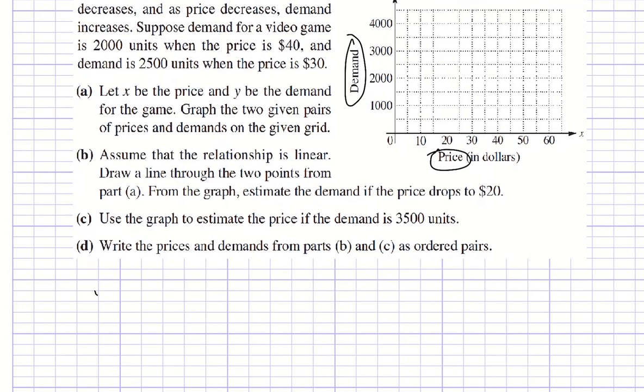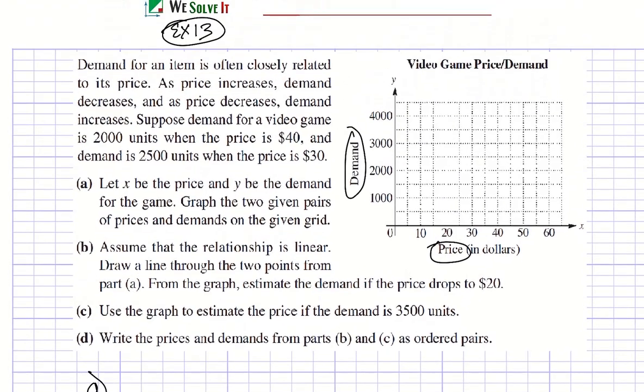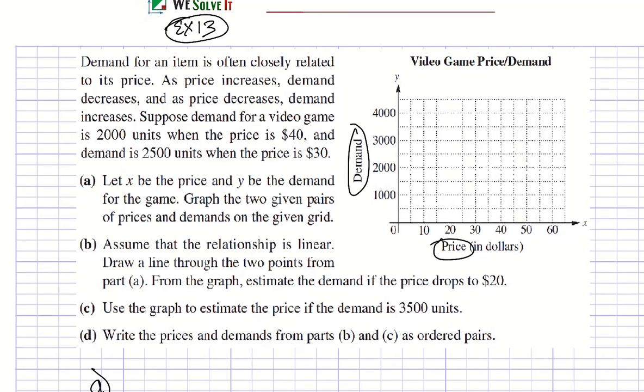Okay, let's do A. If the price is 40, demand is 2,000. So 40 and 2,000 right here. If the price is $30, the units are 2,500. $30 is 2,500 here.